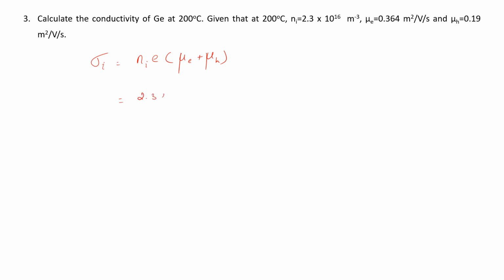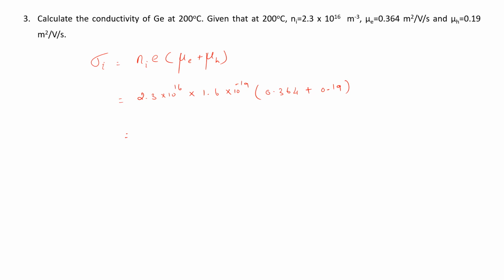So 2.3 into 10 power 16, E is 1.6 into 10 power minus 19, mu E is 0.364 plus 0.19. Now I am also using a calculator to find the answer. You also do along with me. I will handle the data present inside the braces first. So 0.364 plus 0.19 is 0.554.